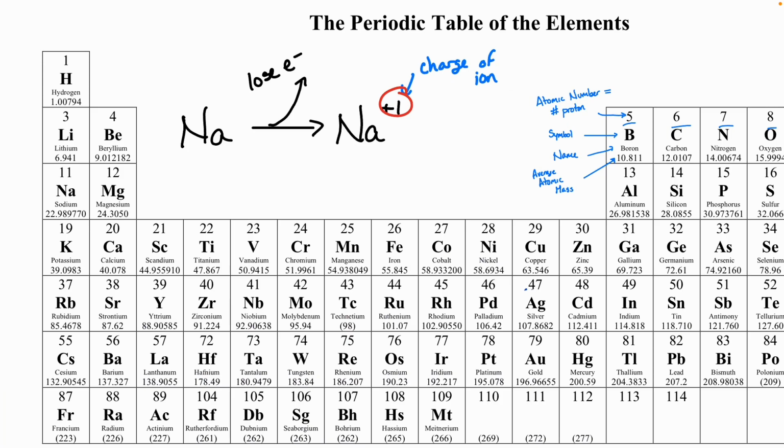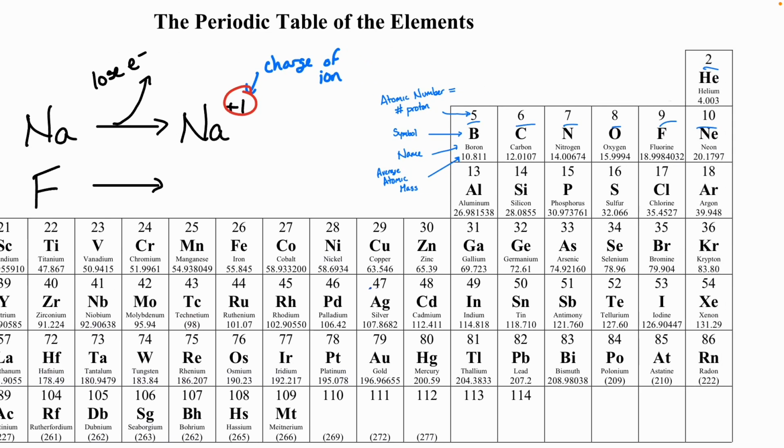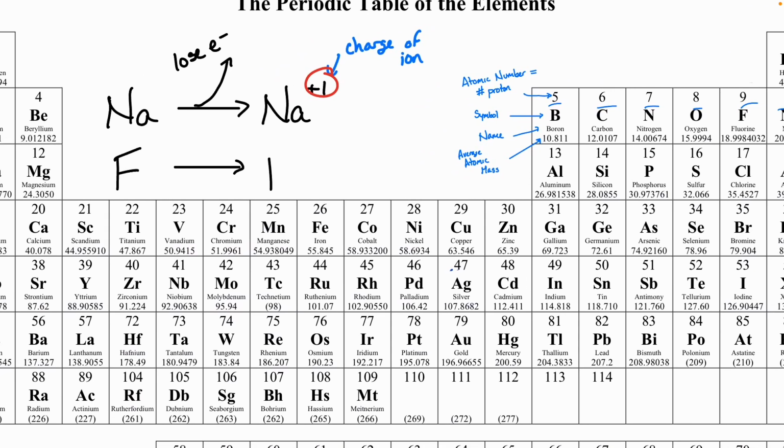Okay? Likewise, I can take another one, fluorine, on the other side of my periodic table here. Fluorine will form ions that have a -1 charge. So if it has this -1 charge associated with it, does it have more protons or more electrons? More electrons. And importantly, you're not going to then take away a proton because you can't change the number of protons.